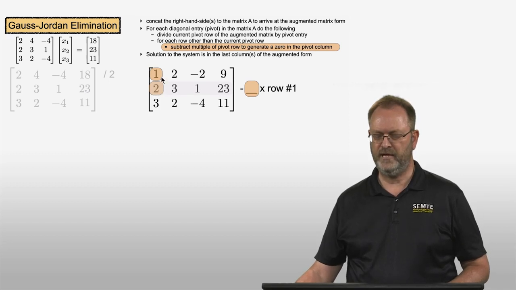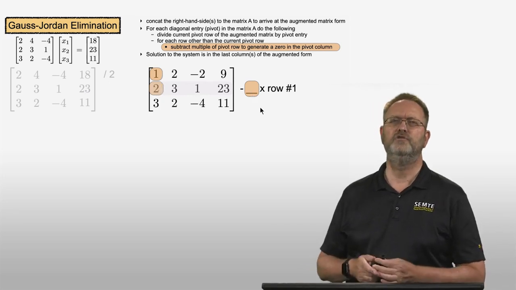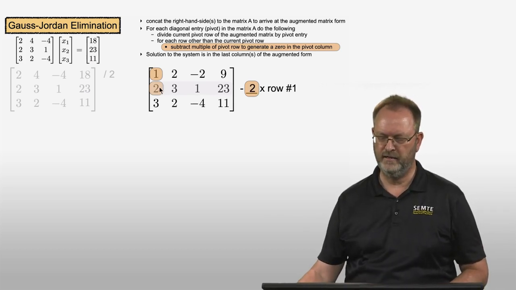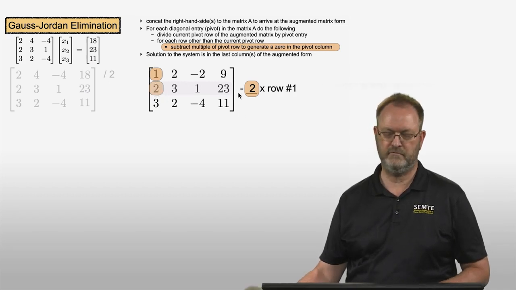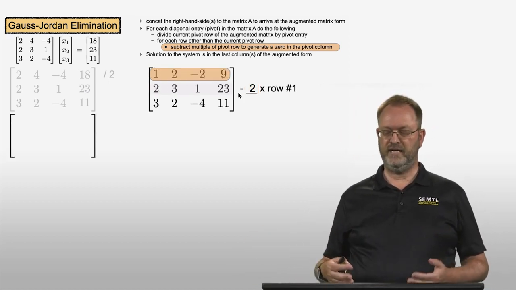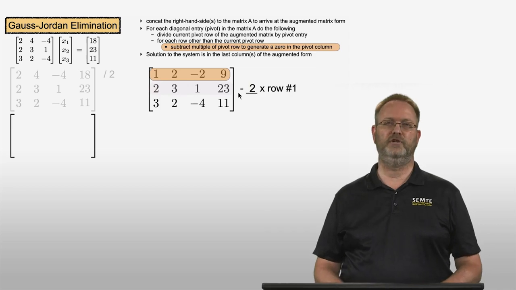So row number 1, my pivot row, there's a 1 here. And I want to make this 2 into a 0, so I have to subtract 2 times 1 from this row, right? So the multiplier seems to be the entry here that I want to make 0. Okay, so let's do this, right? So I want to subtract 2 times row number 1 from row number 2.